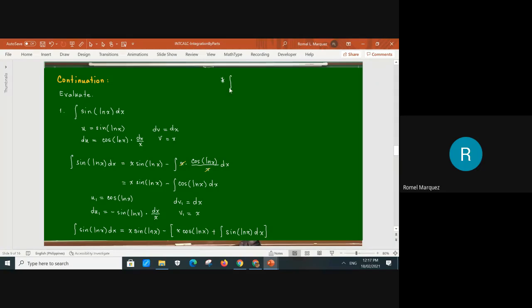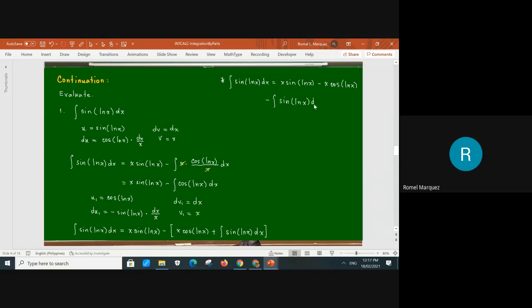Integral of sine of ln x dx is equal to x sine of ln x minus x cosine of ln x, then minus integral of sine of ln x dx, right?